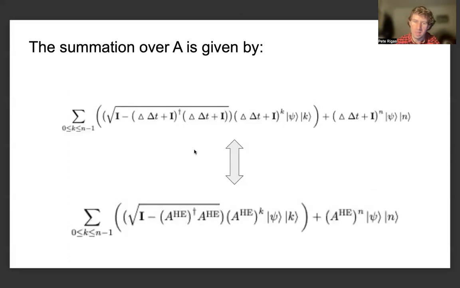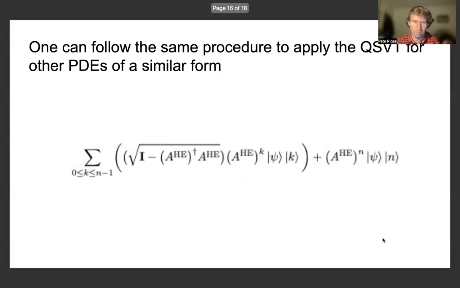And this is just to say that the summation over A is given by this quantity, in which we have the first part, which is a summation over n minus 1 terms, as well as the second part, which is just the nth term. And this is just a special case of the general relation, with the exception that we substitute the value of the A operator for the heat equation in all terms where A appears in the summation over K for n minus 1 terms, as well as the last nth term.